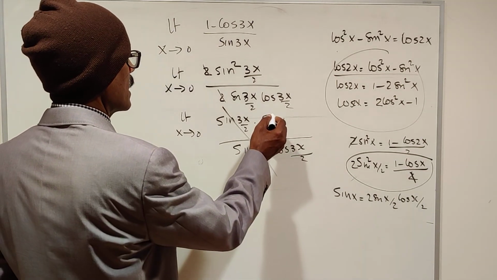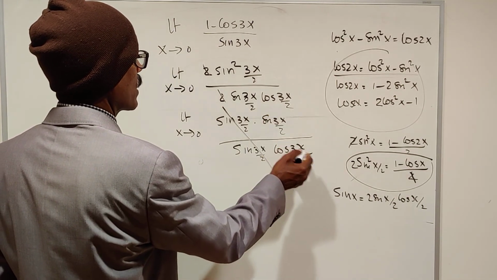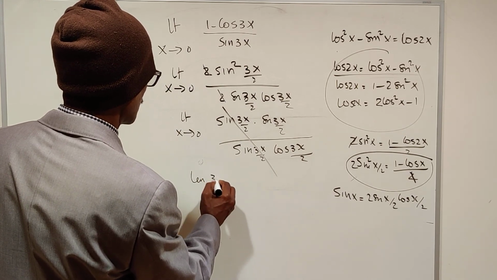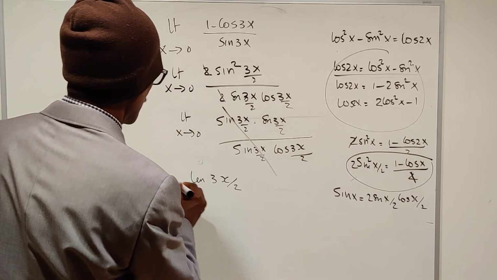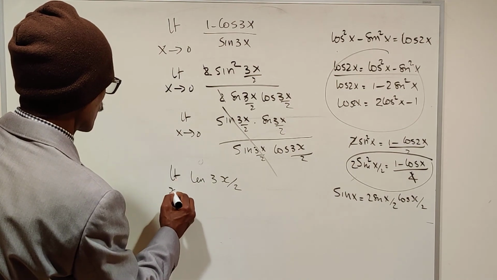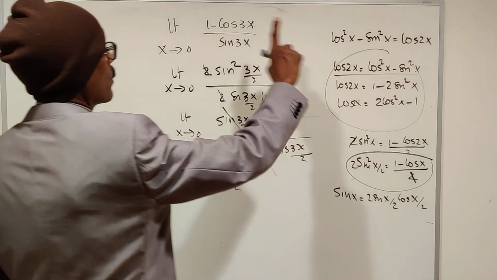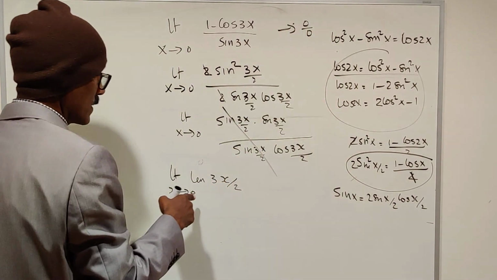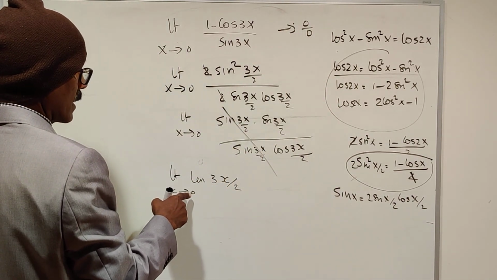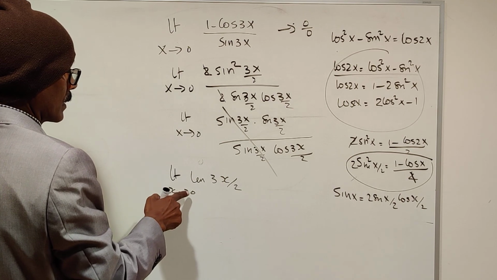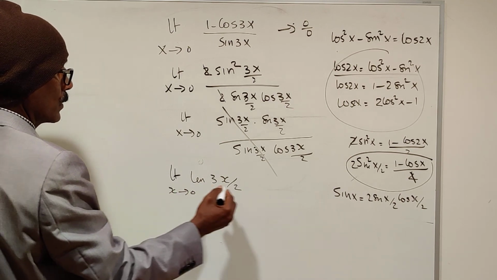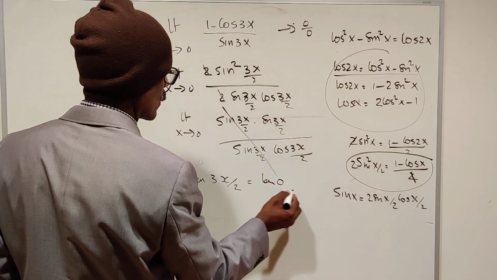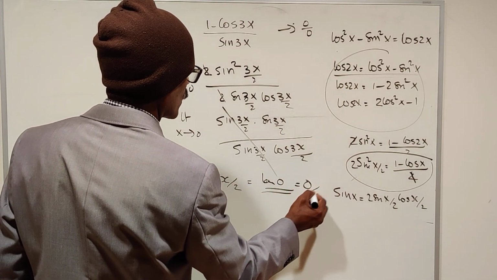What is sin 3x by 2 by cos 3x by 2? Tan 3x by 2. Limit x tends to 0. See here, 0 by 0 form. Right now we changed it. Now when you apply x equal to 0, you get tan of 3 times 0 by 2, which is tan 0. Tan 0 is 0. 0 is the answer.